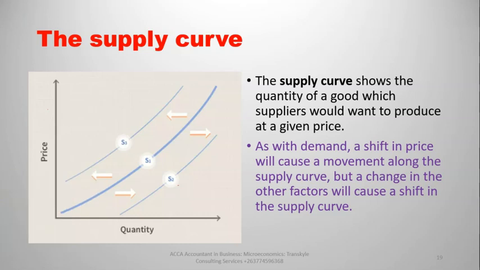Now, the supply curve shows the quantity of a good which suppliers would want to produce at a given price. As with demand, a shift in price will cause a movement along the supply curve. But a change in other factors will cause a shift in the supply curve. So, if there is a change in the price of a good being supplied, then we are only going to witness a movement along the supply curve.